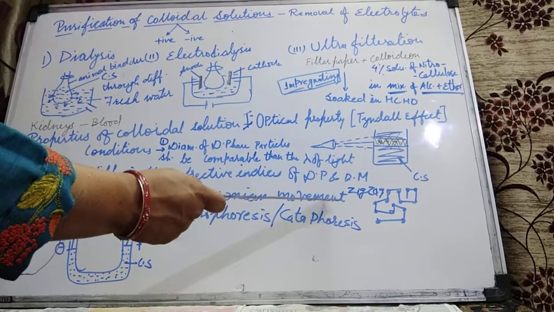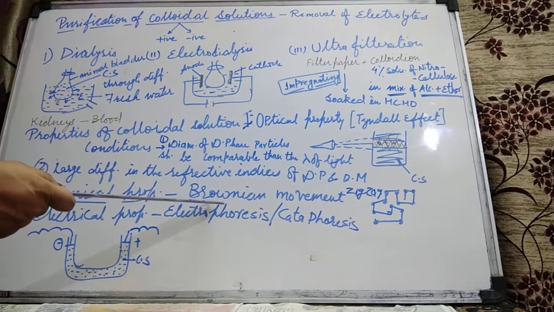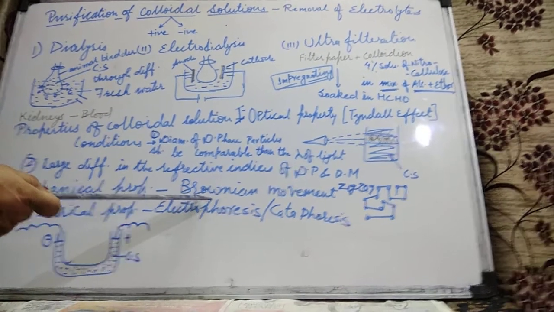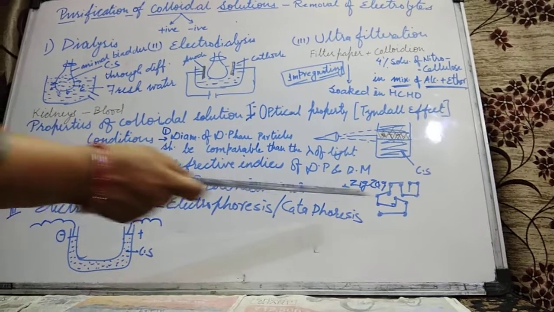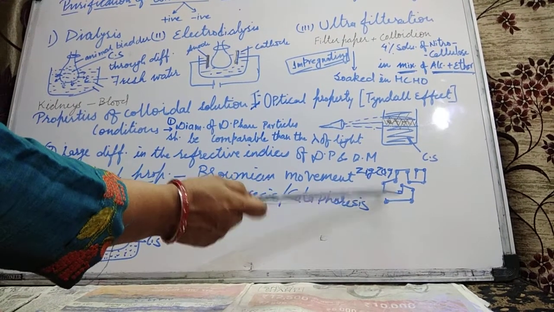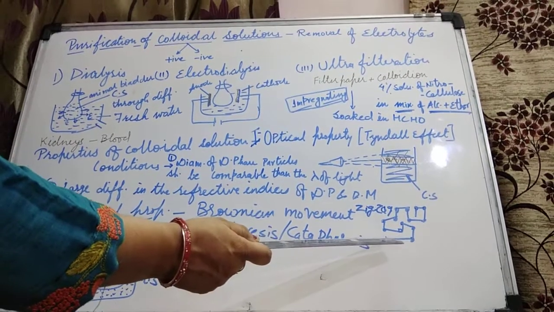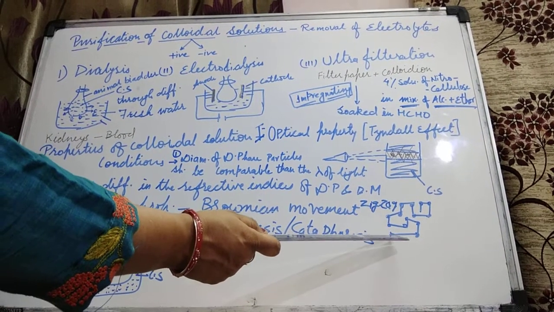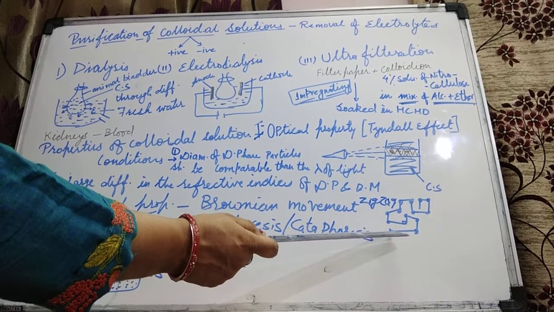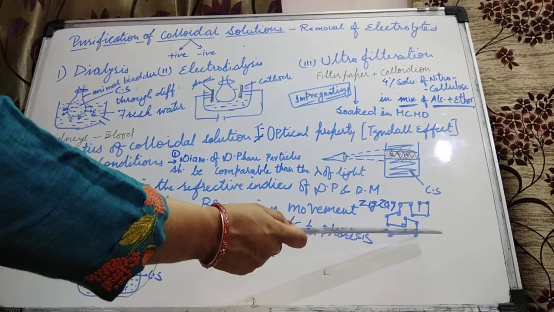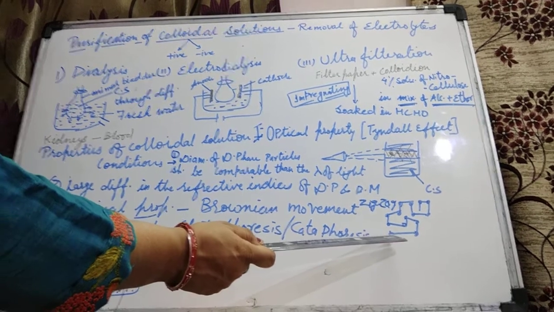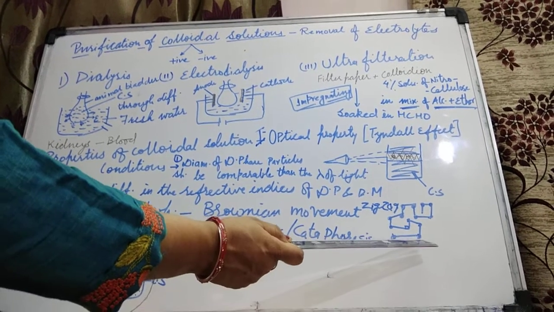What is the reason for this Brownian motion? Unequal energy collisions. Suppose these are particles A, B, C, D, E, F, and so on. Suppose particle A hits B, it transfers all of its energy to particle B. Now B will have its own energy and the energy of particle A which is transferred to it.